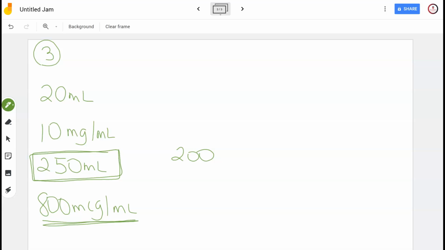200 milligrams in 250 is an 800 microgram concentration. Now, you have 10 milligrams per milliliter.